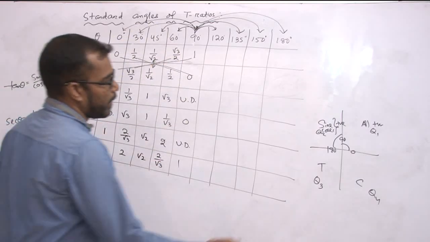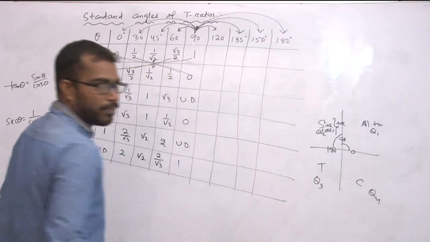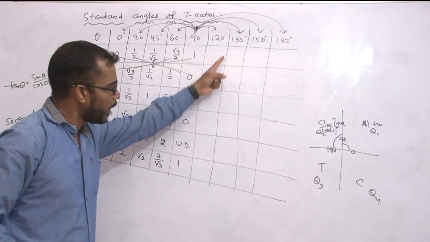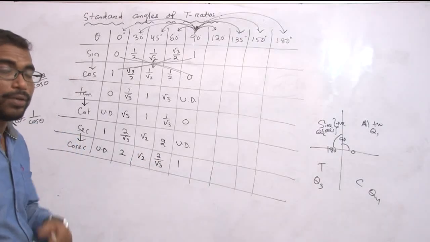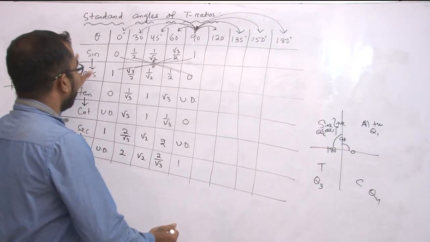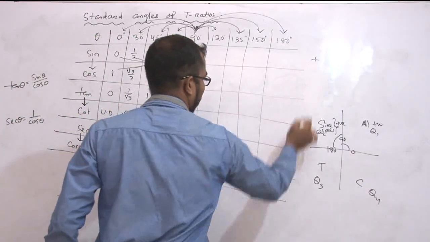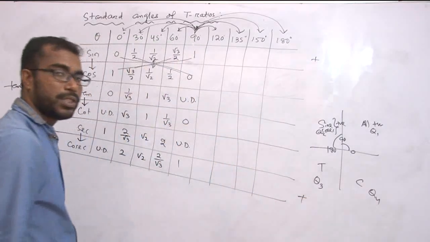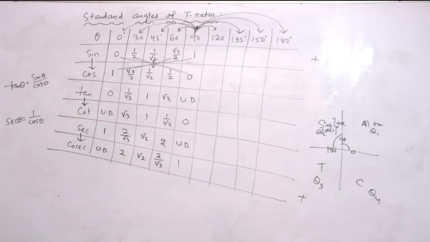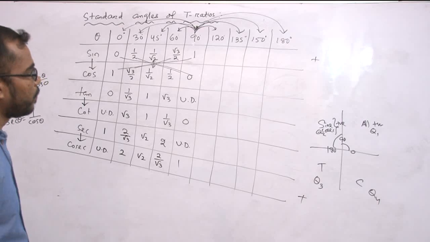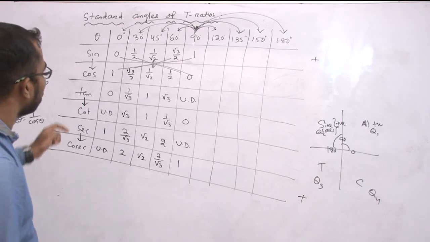But in 90 to 180, only sine and cosec are positive and others are negative. So in this table or in these standard angles, here sine value and the cosec value are positive and others T ratios are negative. So how to write the values of the remaining angles?